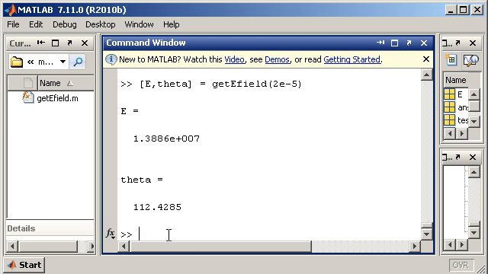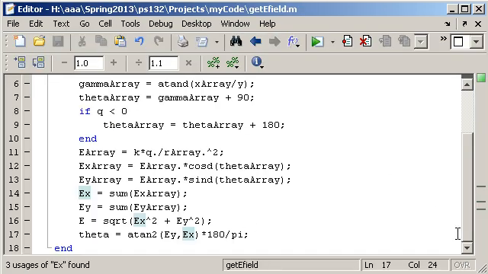For the magnitude, let's take off a little bit of stuff. One of these semicolons. Alright, the EX array. Let's look at the last element in the EX array.